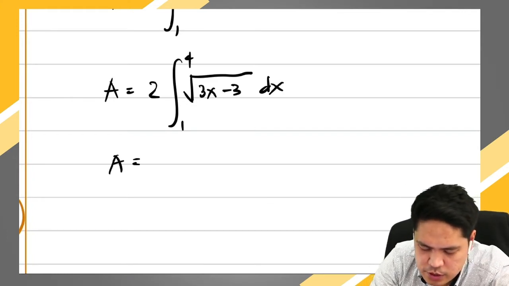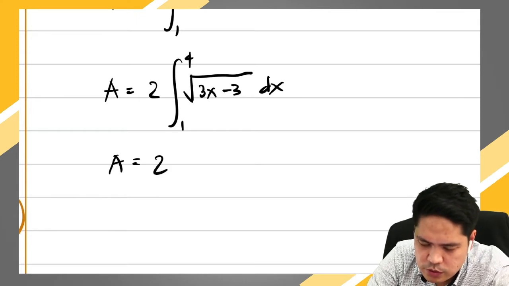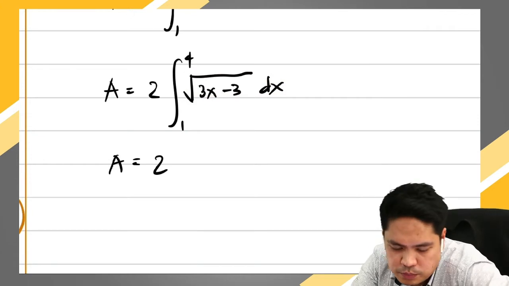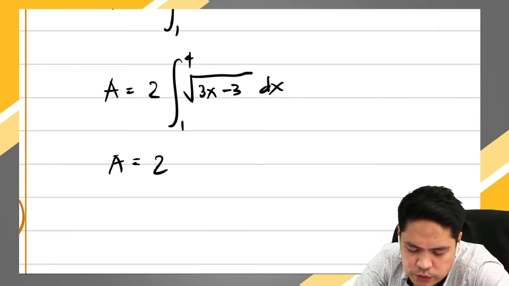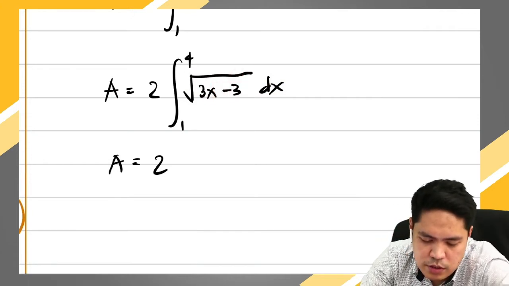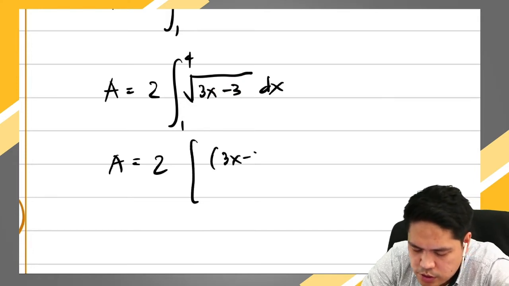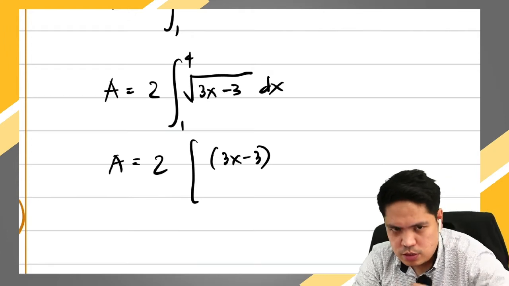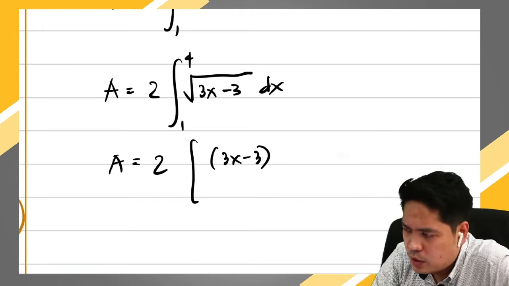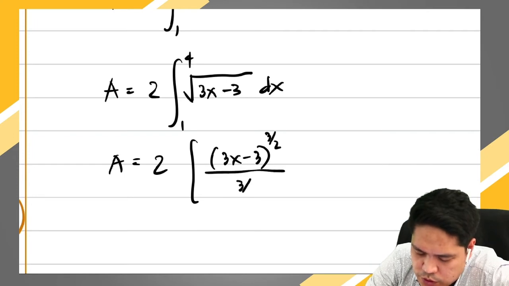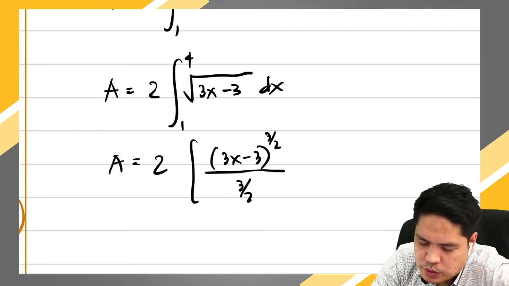So, area is now equal to twice of, how do you get the integral of this? What can we use? This is a case of u raised to n. So, our u here is 3x minus 3, raised to n plus 1, where n is 1 half plus 1, that's 3 halves, over 3 halves. But wait, there's more.